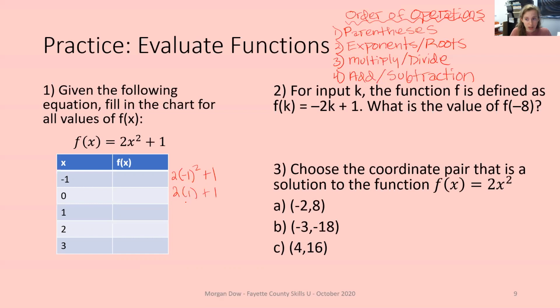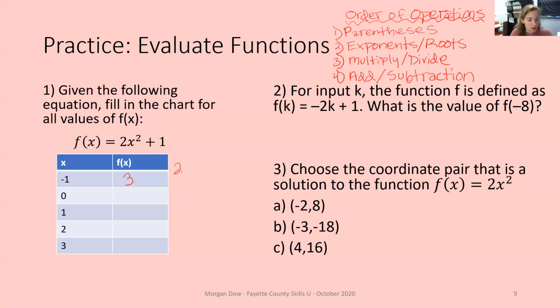All right, now I've got multiplication and addition left. So I'm going to do that multiplication first. 2 times 1, which is 2, plus 1. 2 plus 1 is 3. So for this function, when I input -1, I get an output of 3. Okay, so let's try the next one here.